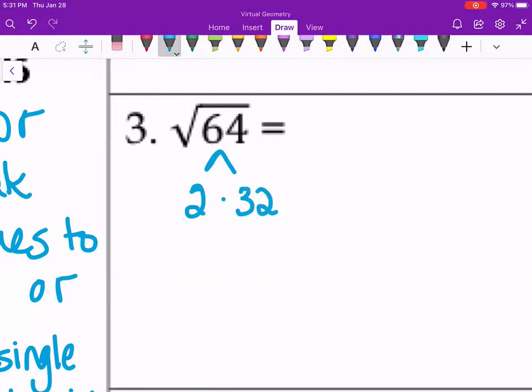Now, the 2 there is a prime number, so I will leave it alone. But 32 can go farther. 32, I can do 2 times 16, and I don't need that 32 anymore. Now I have a pair.